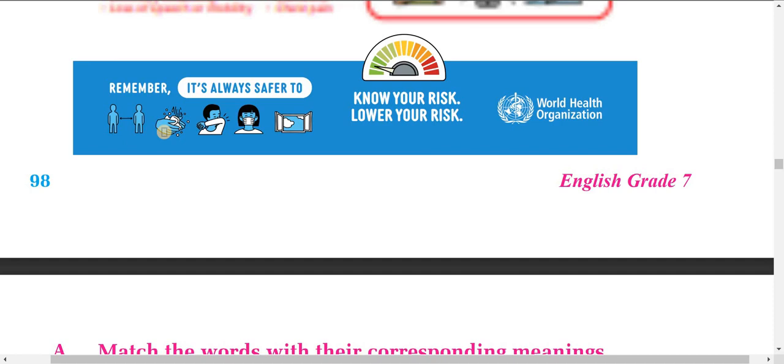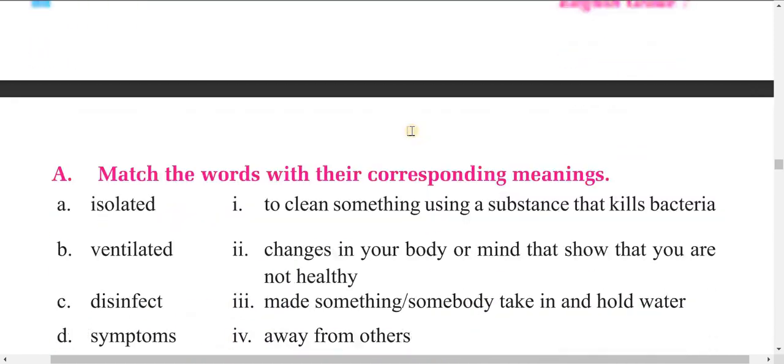Third, we should not touch our nose and mouth with our fingers. We should use our elbow when we cough or sneeze. Next, we should wear a mask regularly, and open the windows of our room or keep our room well ventilated. So know your risks, lower your risks. These are the safety measures published by the World Health Organization (WHO).